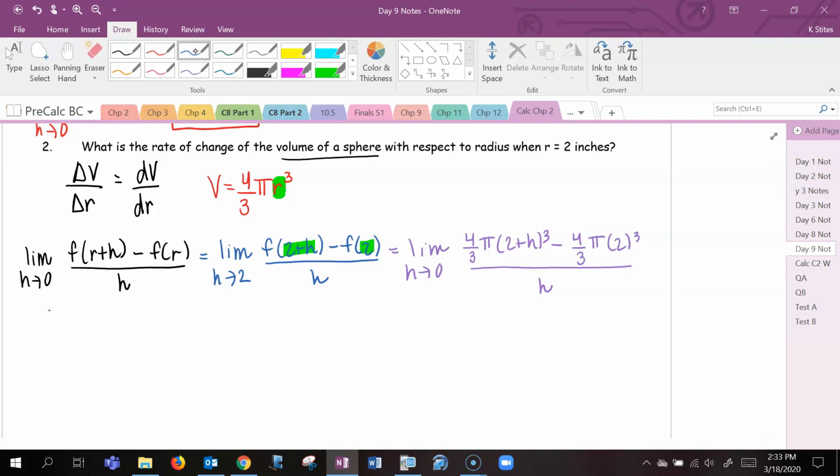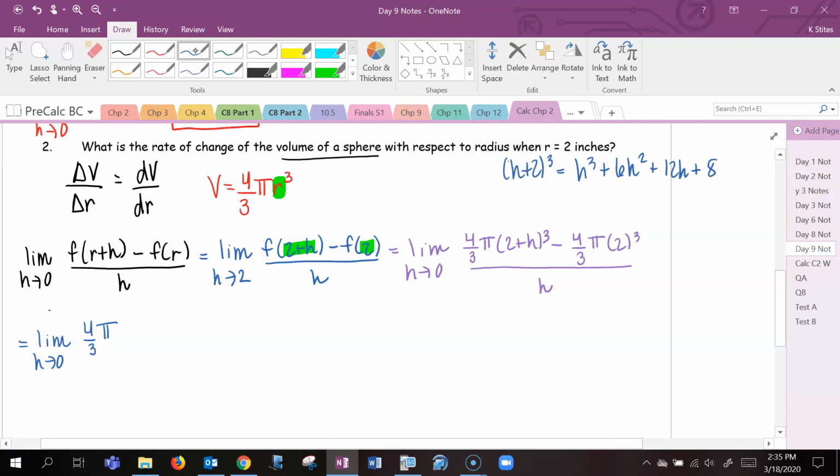Okay, so now we have to FOIL out 2 plus h cubed, or you just know the pattern. Okay, so I just paused and FOILed this out over here.